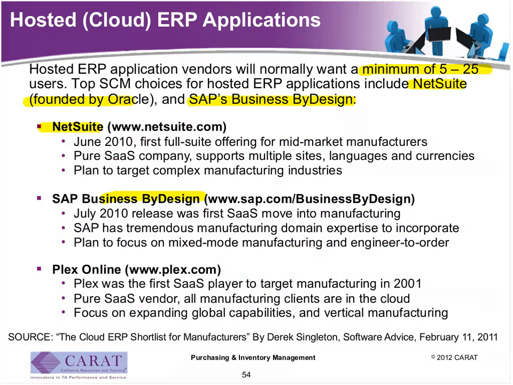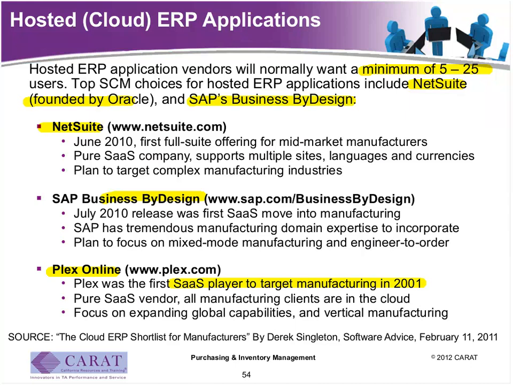The other dynamic is there's some fairly established players. For instance, Plex Online. They've actually been providing software as a service ERP application since 2001. So they were one of the first, if not the very first, that was doing this.